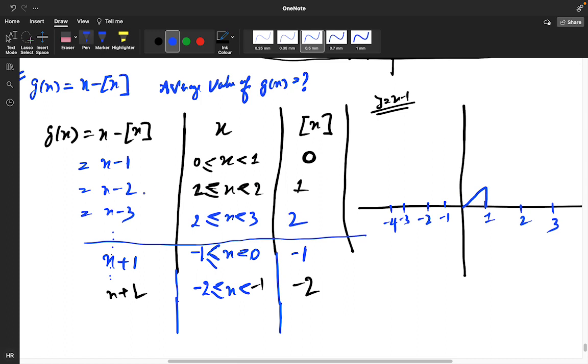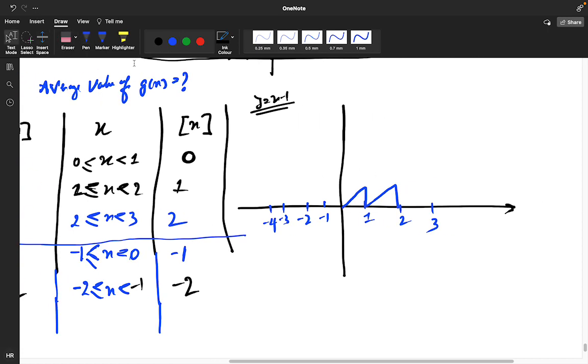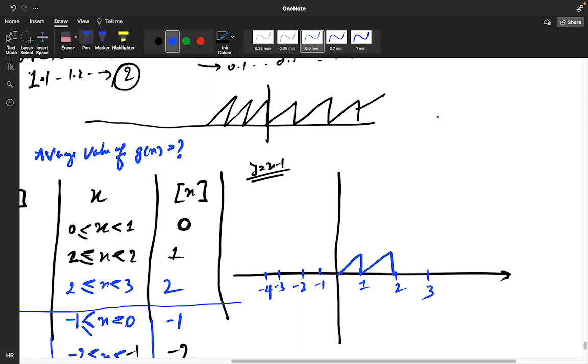And what will be the graph of x minus 2? Again a straight line. To understand this, you should understand y is equal to mx plus c, right? m is the slope and c is the constant.